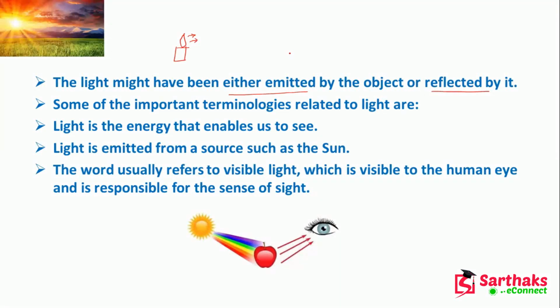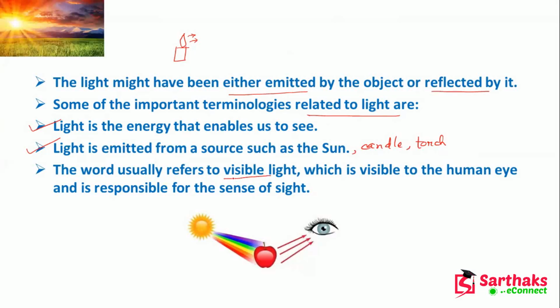Okay. Now some of the important terminologies related to light we will study here. Light is the energy that enables us to see. Light is emitted from a source such as sun, or there may be other sources also, like candle, like torch. So there are so many sources. And the word usually refers to visible light.